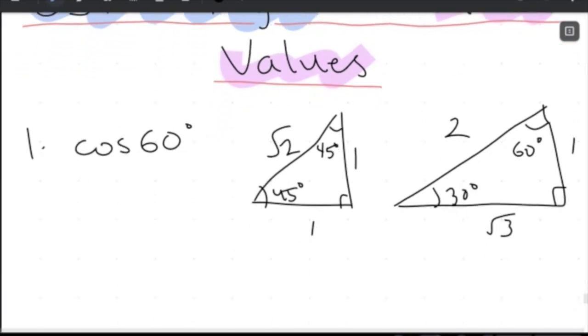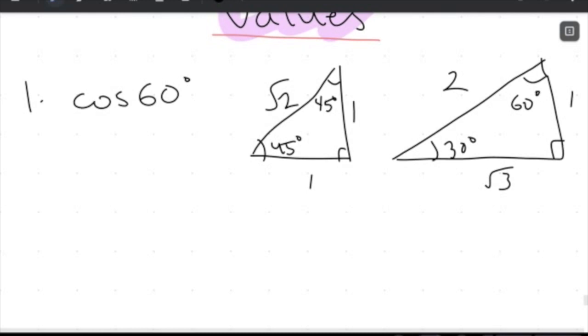So in essence, this first question is just a little recap of what we were doing before. Now that we've drawn our exact value triangles, this becomes quite easy to do. We want to locate our angle of 60 here, and we want to find what the ratio is for cos.